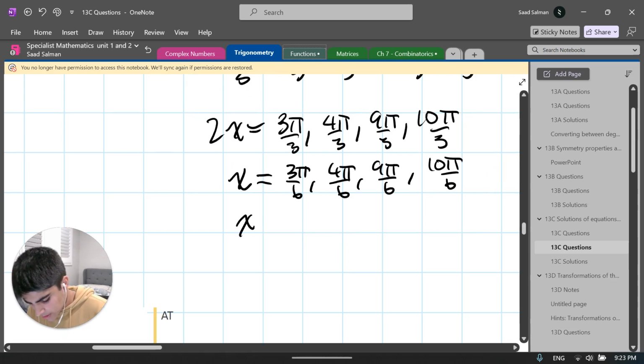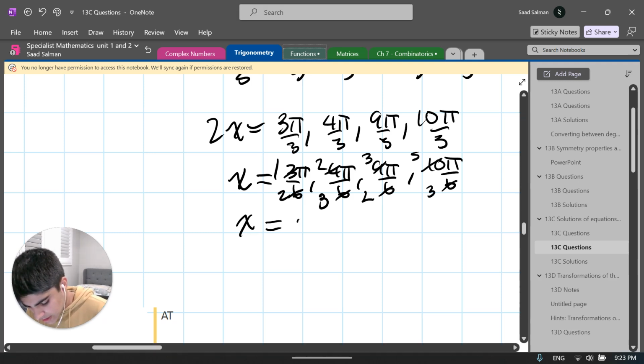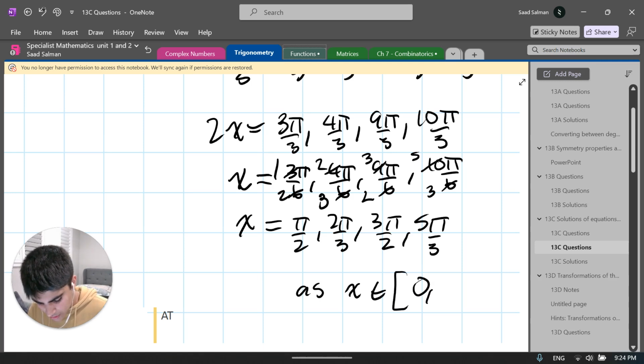Time to simplify. x equals pi on 2, 2 pi on 3, 3 pi on 2, and 5 pi on 3, as x is an element of 0 to pi.